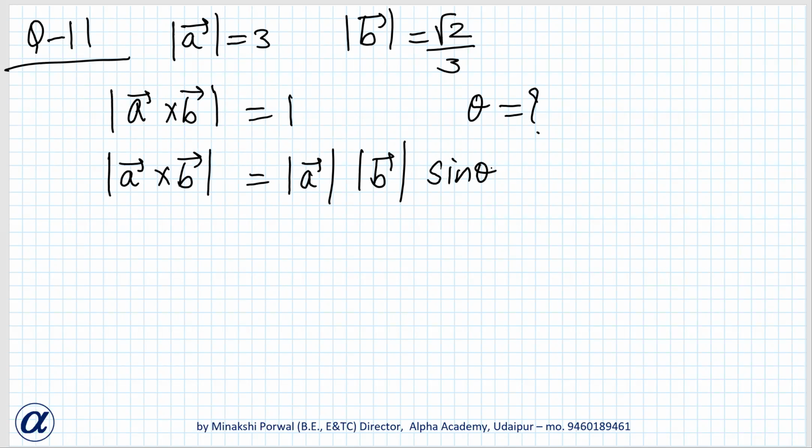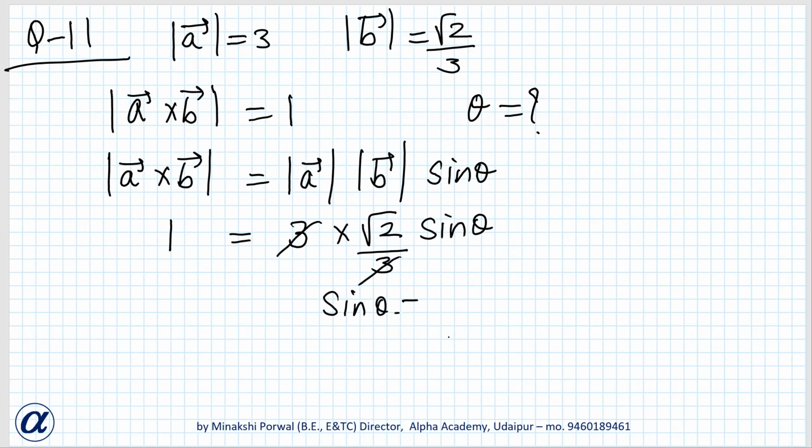As it is a unit vector, its magnitude is 1. This is 3, this is root 2 by 3, sine theta. So sine theta equals 1 upon root 2, and 1 upon root 2 means 45 degrees. Theta equals pi by 4. So B is the correct answer.